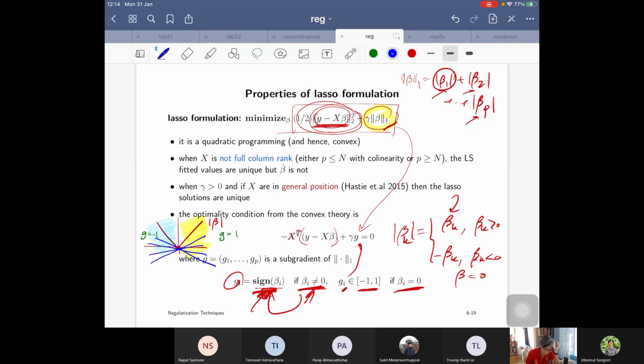Any linear function with slope between minus 1 and 1 can support the absolute value curve at beta equal to 0. So that's the concept of the subgradient.